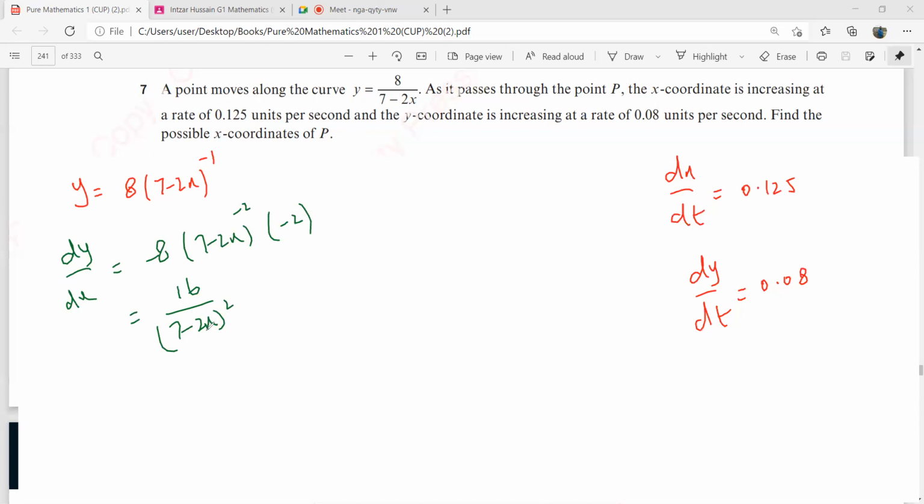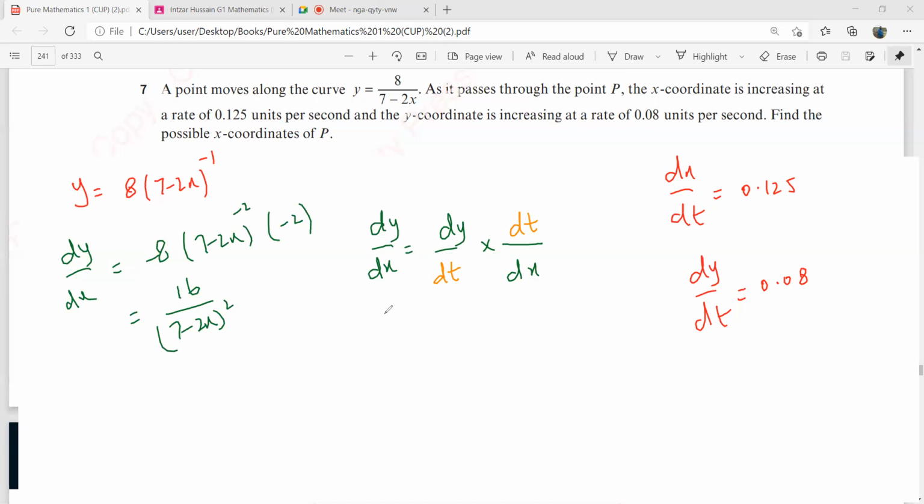We have to find the value of x basically. So can I write it as I put dt here and I put dt here? dy by dx is going to be dy by dt times dt by dx.